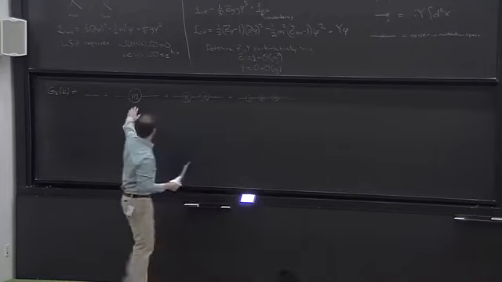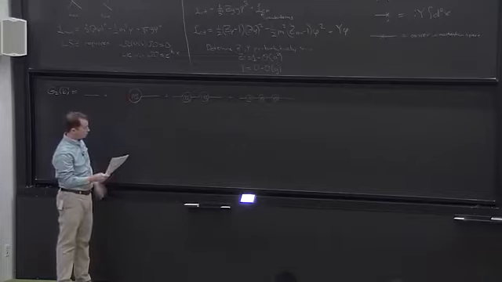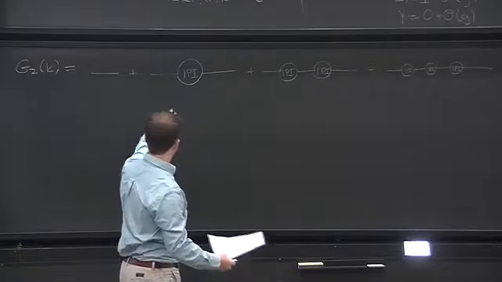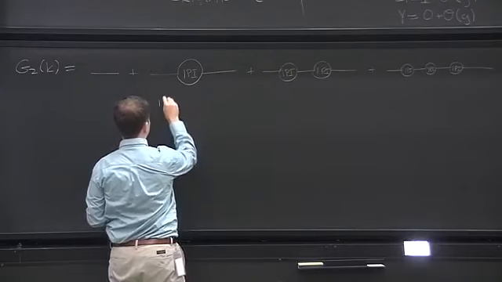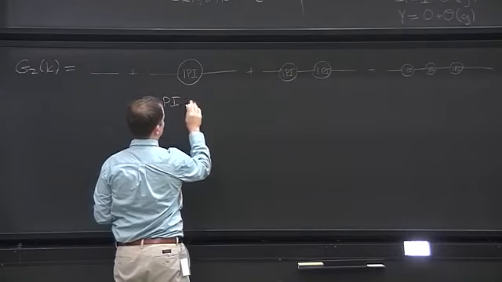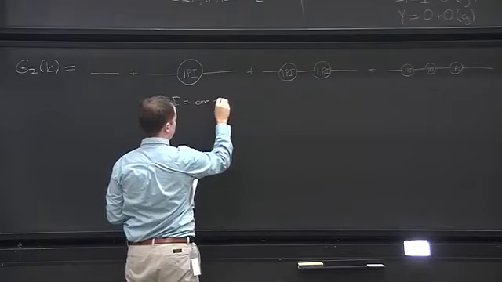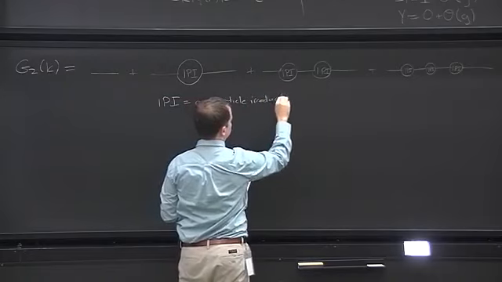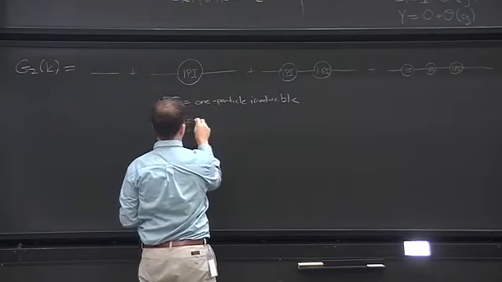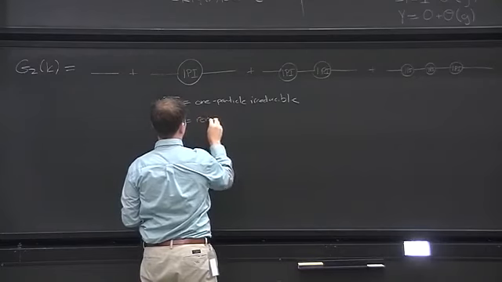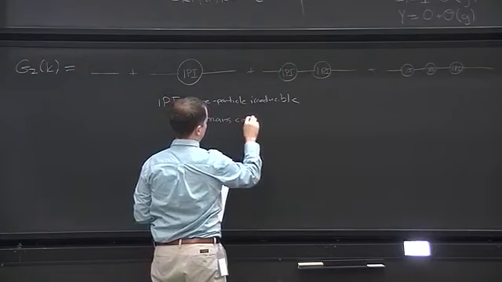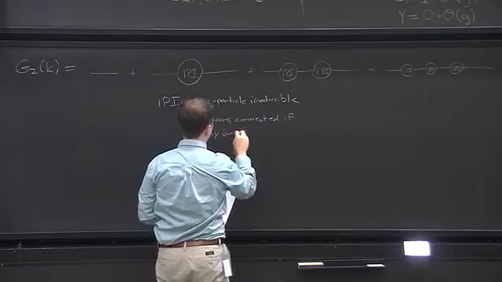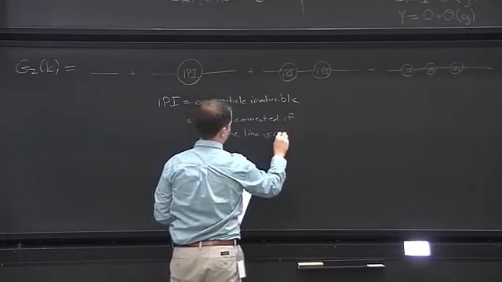And we'll call the pieces of the diagram that remain connected if we cut any one line 1PI. So 1PI means one particle irreducible. And it means that that part of the diagram remains connected if any one line is cut.